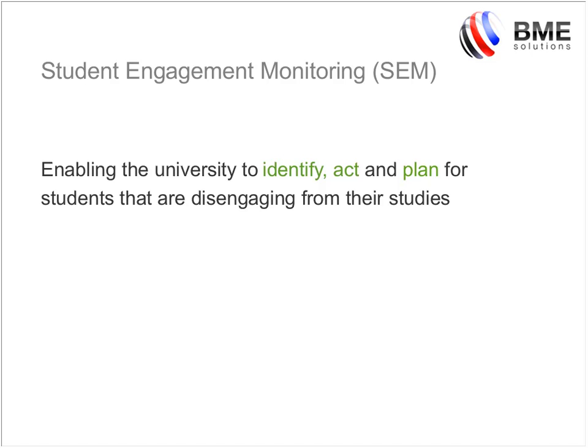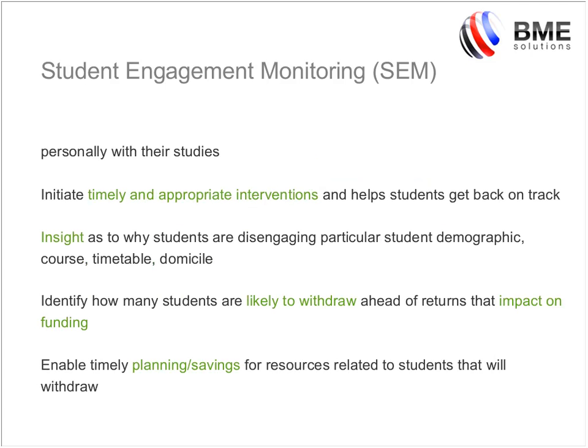So I'm going to move on to the next slide and just define for us really what student engagement monitoring is. It's enabling the university to measure and to identify and act on students that are disengaging from their studies. And that's what we've tried to keep as our goal.